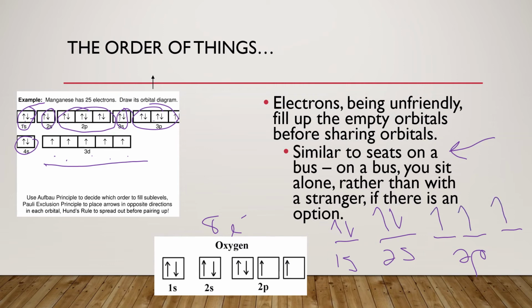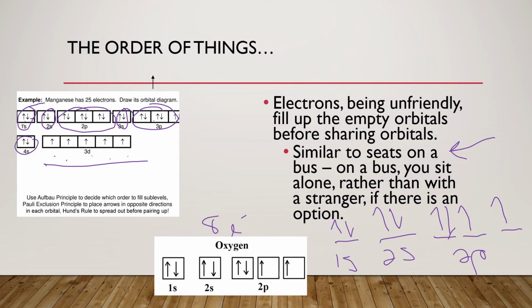So they're single at first and all the same spins. Then I still have 1 more electron to put in, because right now I have 7 in there. I'm going to start here and put it beside another one. So this one will have 2, and the others will each have 1.